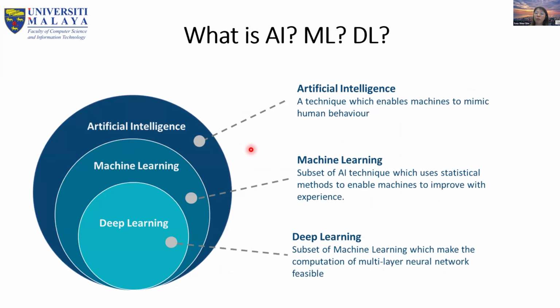So I believe a lot of us have heard about AI, artificial intelligence, machine learning, and also deep learning. It is important for us to know the differences between these three very popular terms. Artificial intelligence is a big umbrella which encompasses the techniques that enable machines to mimic human behavior, right?